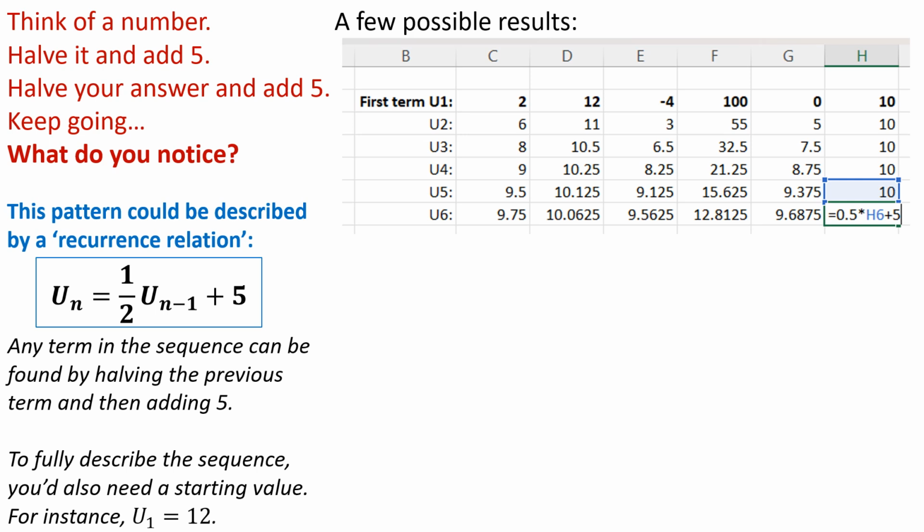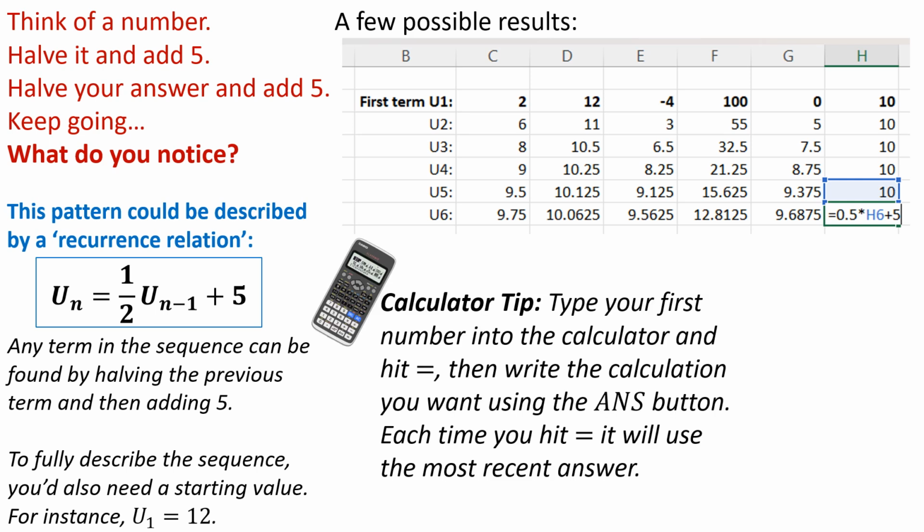So if I say think of a number, I'm basically allowing you to come up with any sequence you like. Whereas if I want to describe a particular sequence, I'd need to tell you the first term is such and such, and the rule is each new term is derived by doing half of the previous term plus 5. Those two things combined uniquely describe the sequence.